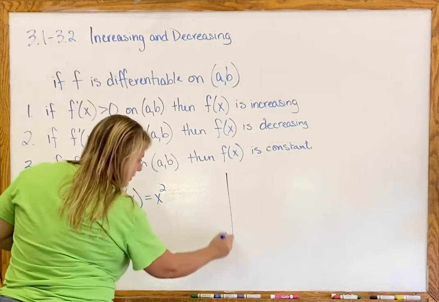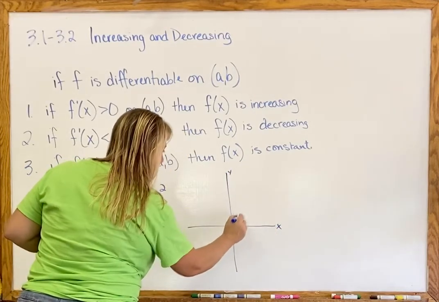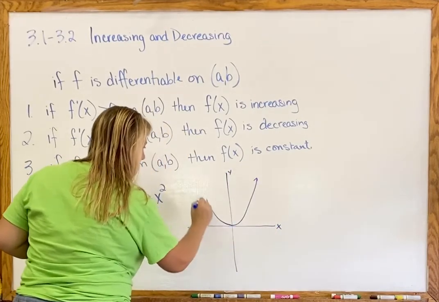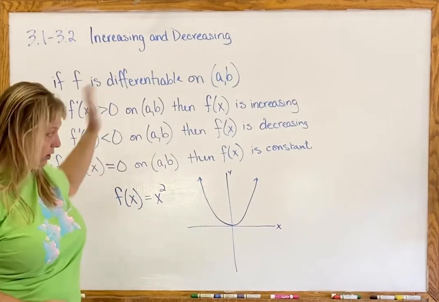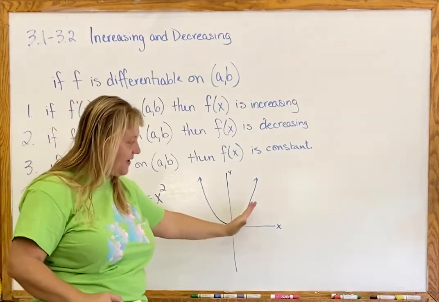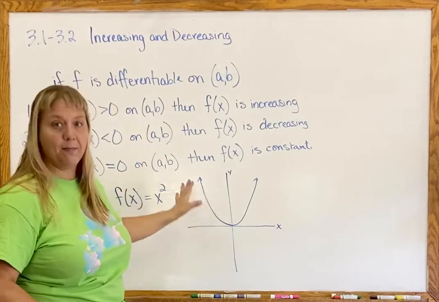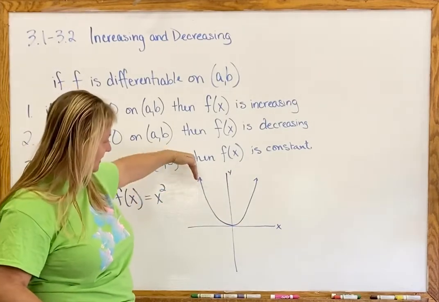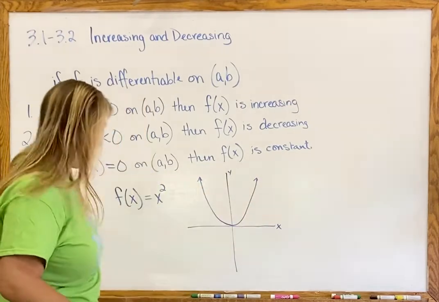We've got our graph of just our basic parabola. Going from left to right, this is decreasing and then it turns to increasing. Remember, it's always left to right, not from the middle. So from left to right, this is decreasing and then the graph turns around and starts increasing, okay?